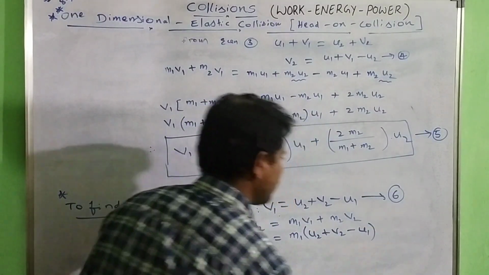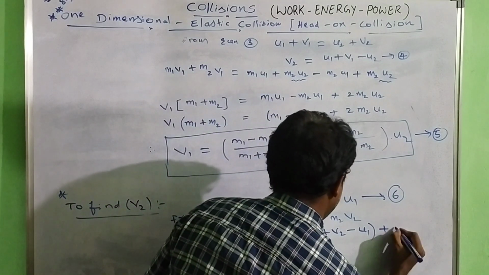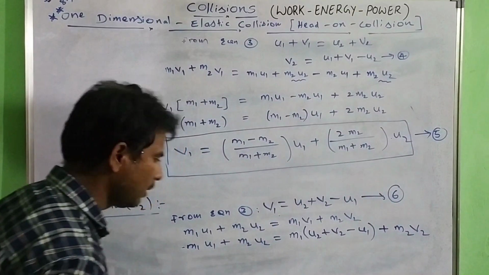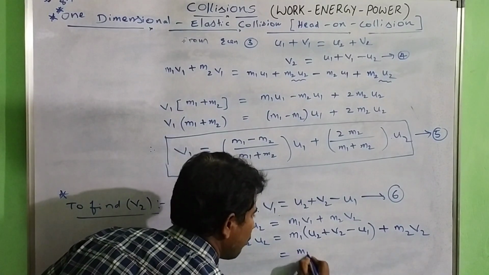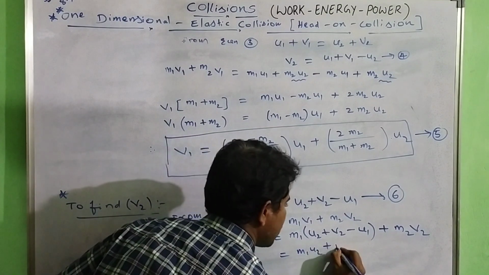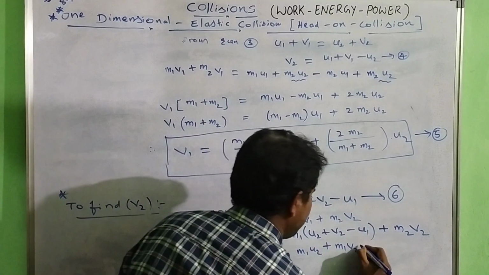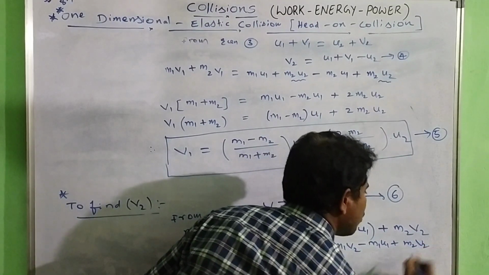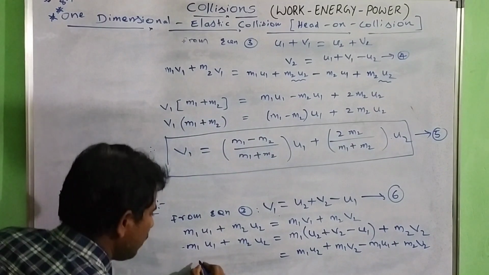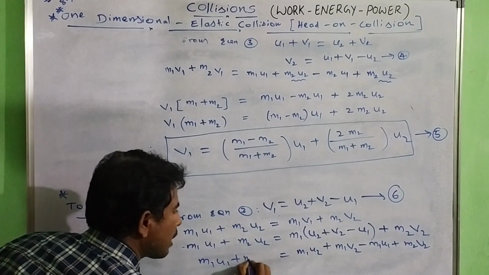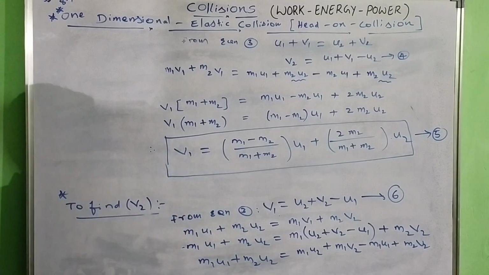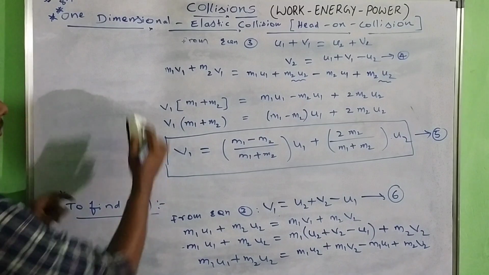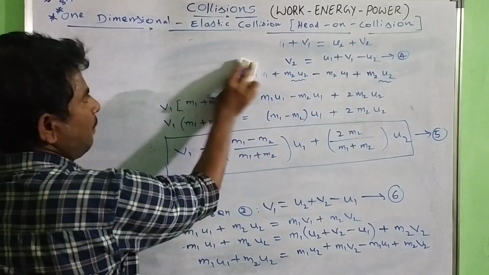Multiplying by m1, the remaining equation is m1 u2 plus m1 v2 minus m1 u1 plus m2 v2, equal to m1 u1 plus m2 u2.